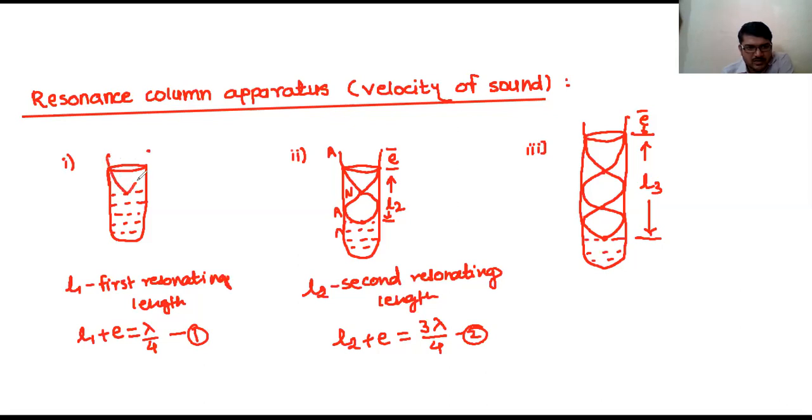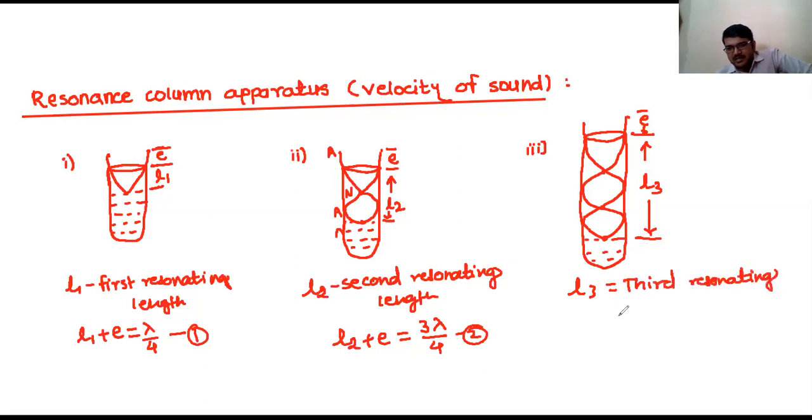So like this it is going. Now from this to this is your L1, and this is E. From here to here, this is end correction, this is L1. Now in this case, this is L3 and this is E.